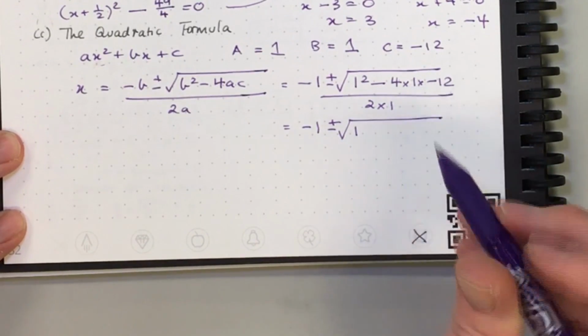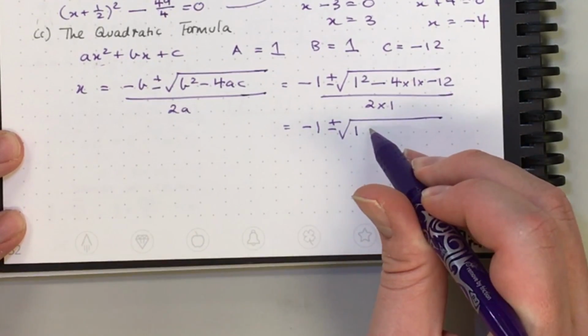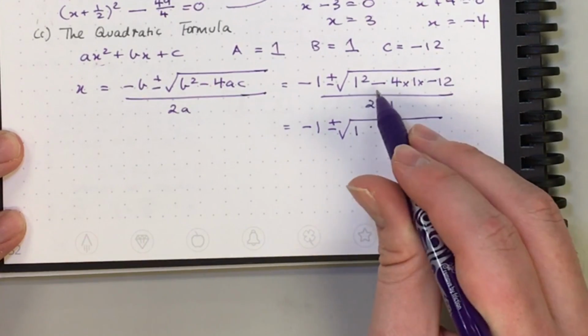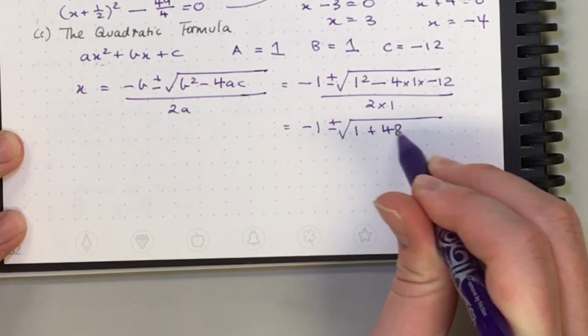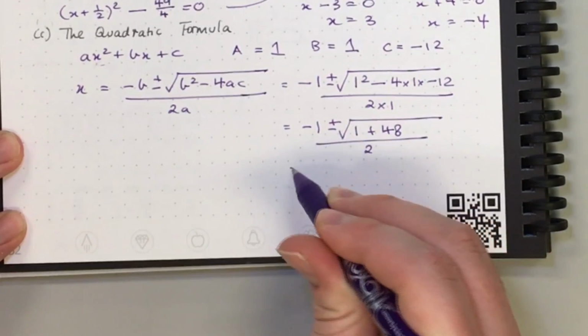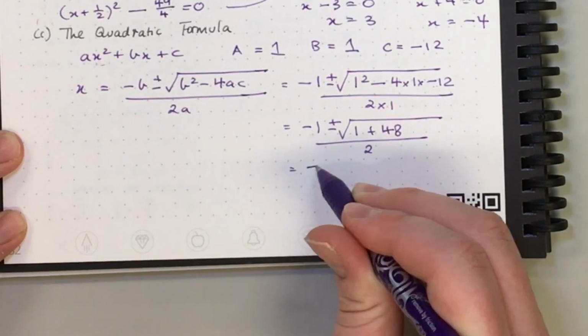What is 4 times 1 times negative 12? Negative 48. Well, there are 2 minuses there, so that'll become positive 48. What's 1 plus 48? 49 over 2.